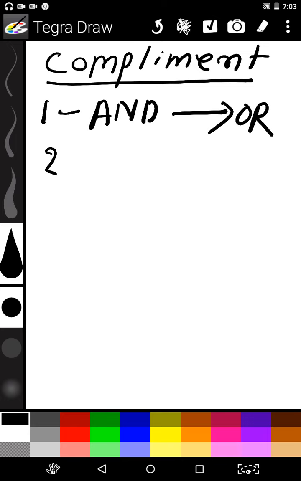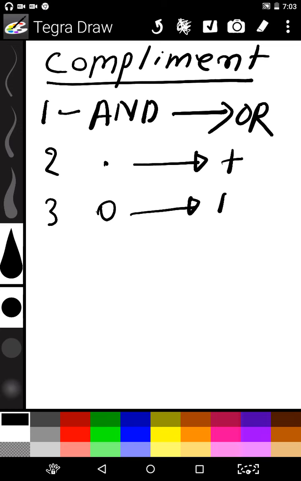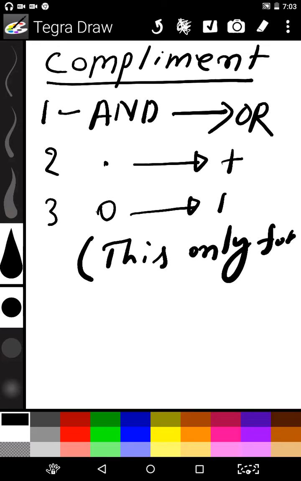Second, convert dot to plus. Third, convert 0 to 1, but this is only for the output of the truth table.